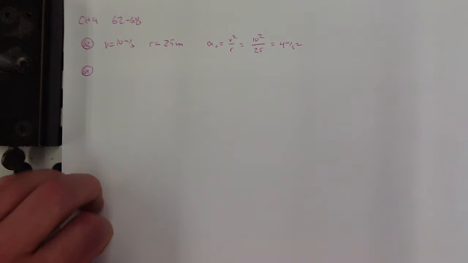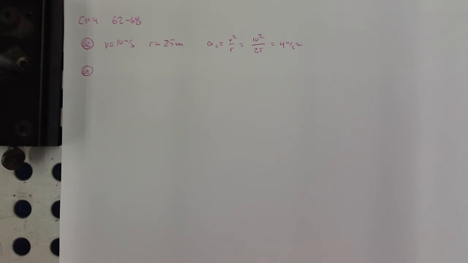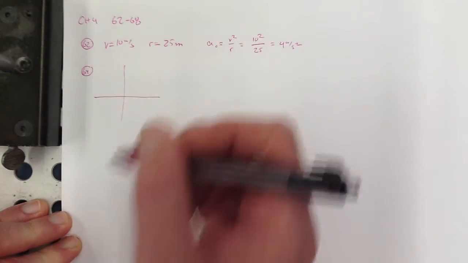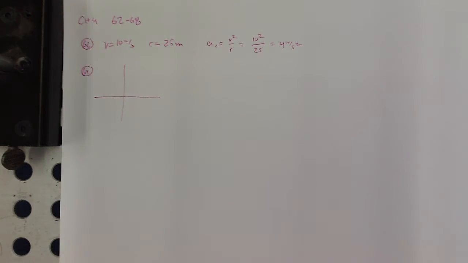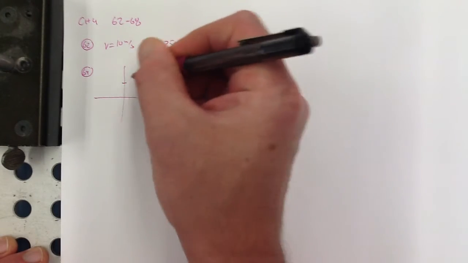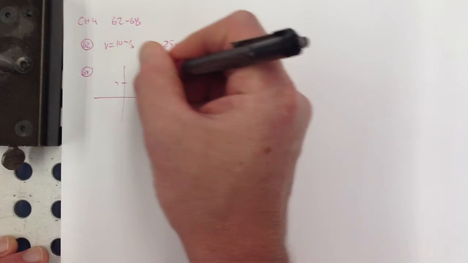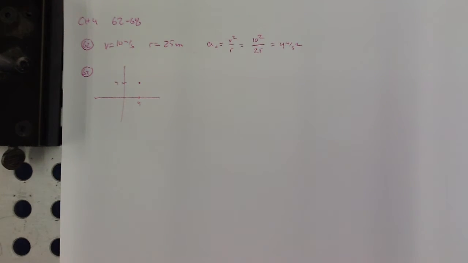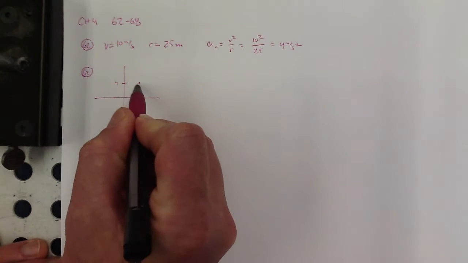64. A particle moves horizontally in uniform circular motion over a horizontal xy plane. Look at me drawing my xy plane. At one instant, it moves through the point at coordinates 4, 4, with a velocity of negative 5i.